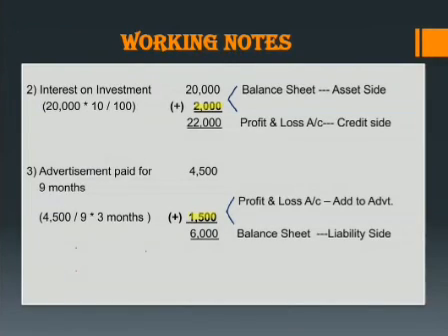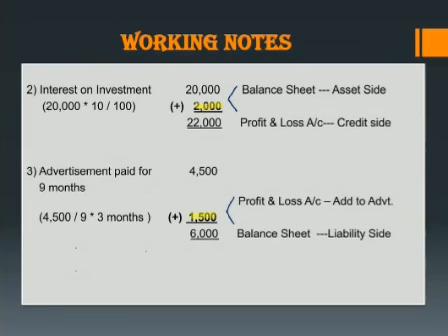That is for the whole year. I have just highlighted with the yellow color. See that 2,000 will go to the balance sheet asset side and the profit and loss account credit side, because we are getting the interest as income on the investment.